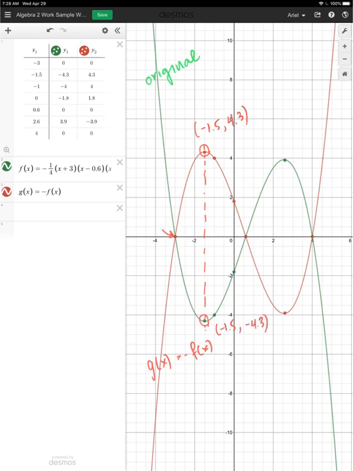You see that the x values are staying the same, but the y values are opposite signs of each other. And we would call this transformation reflection across the x-axis, because the x values have stayed the same.